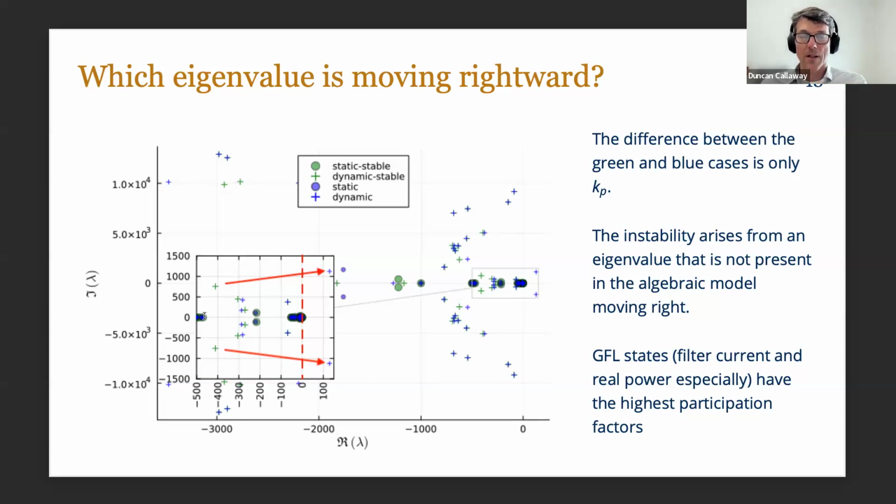If it's blue, it's got a larger grid following inverter outer loop gain, and either the system is algebraic and stable, or it's dynamic simulation and it's unstable. And so what you can see is that it's this complex pair of eigenvalues that begin in the stable case that sort of blow past all of the other eigenvalues of the algebraic state and move into the right half plane to destabilize the system as you increase that controller gain parameter.